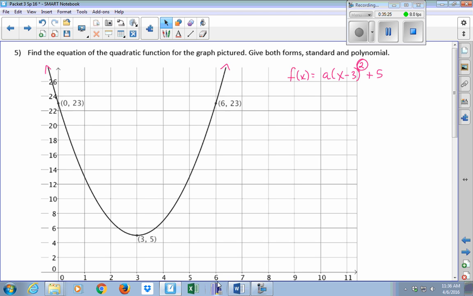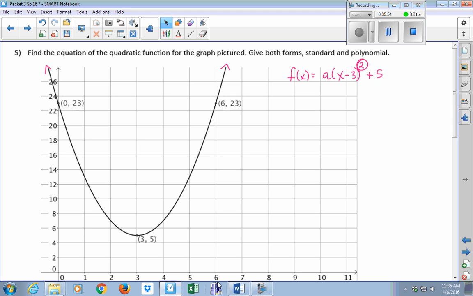All I need is a little birdie to come along and tell me one point that's on that parabola other than the vertex, because I've already used that. Do I know any other point on that parabola? I know the y-intercept, and I know the point symmetric to the y-intercept. I could use either one of those to plug in for x and y and solve for a. Which one I use, it doesn't matter.